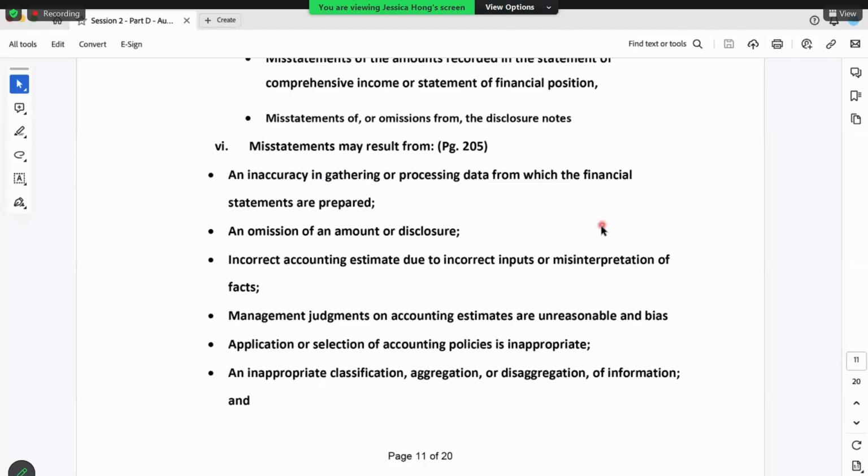Sometimes it could be due to what we call threats. In ethics, we call these threats because management does not practice integrity. They do not practice independence when they are looking at accounting estimates. They don't actually review their work. All right.